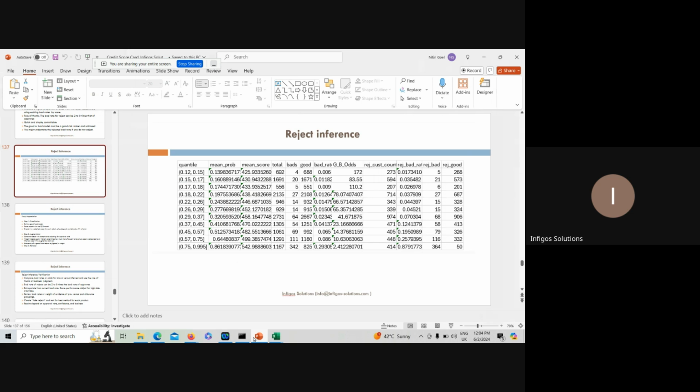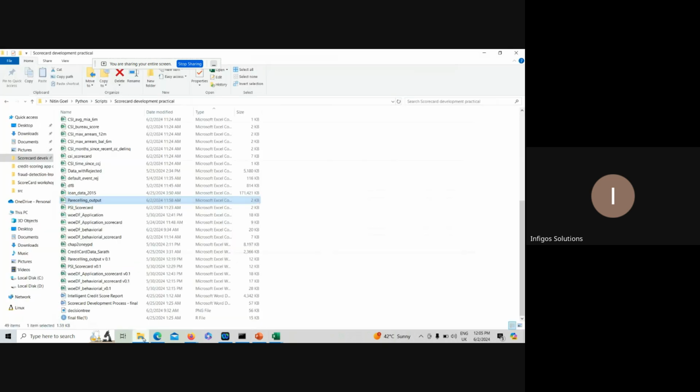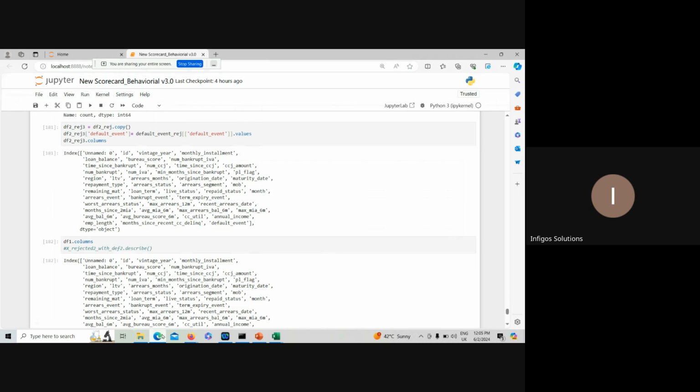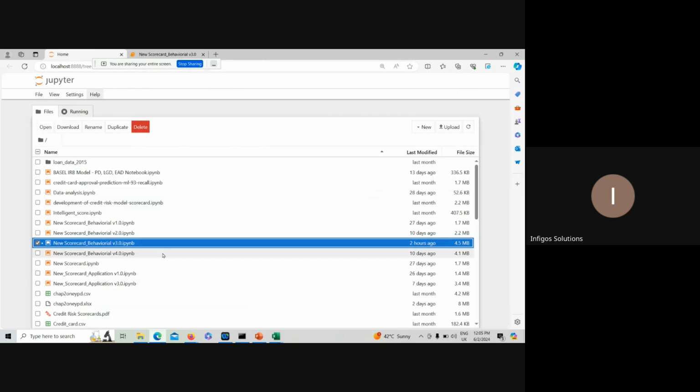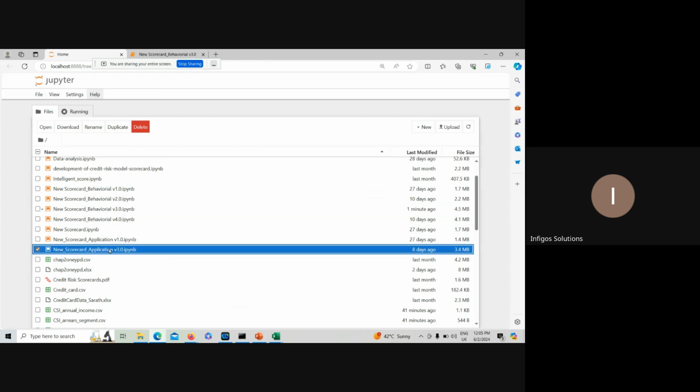You have to do it yourself to understand it more, because reject inference data has been merged from here to here with the information of bad. So this is one part. Then another part is looking at the application scorecard.